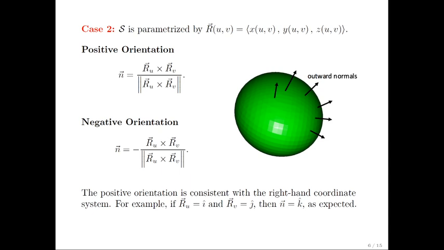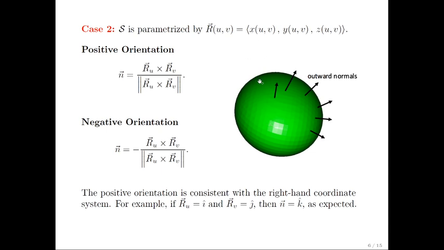What does it mean? For example, you have this surface here. If you take a specific point on that surface, for example, if at that point r sub u is i hat and r sub v is j hat, then obviously r_u cross r_v, i hat cross j hat, would give us k hat, which is pointing away from the center or upwards.